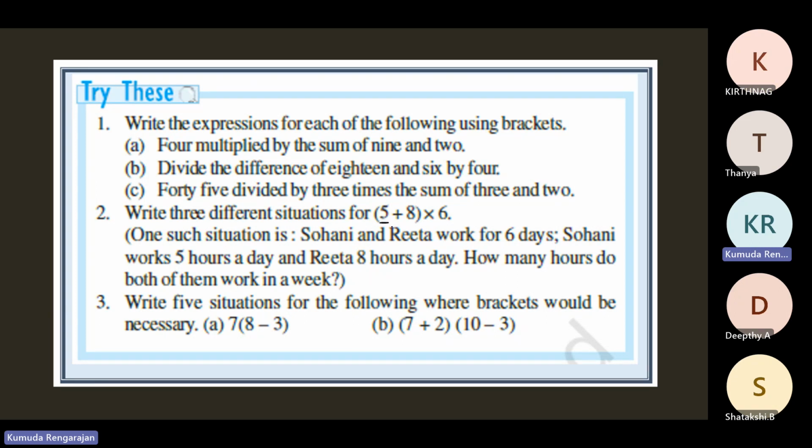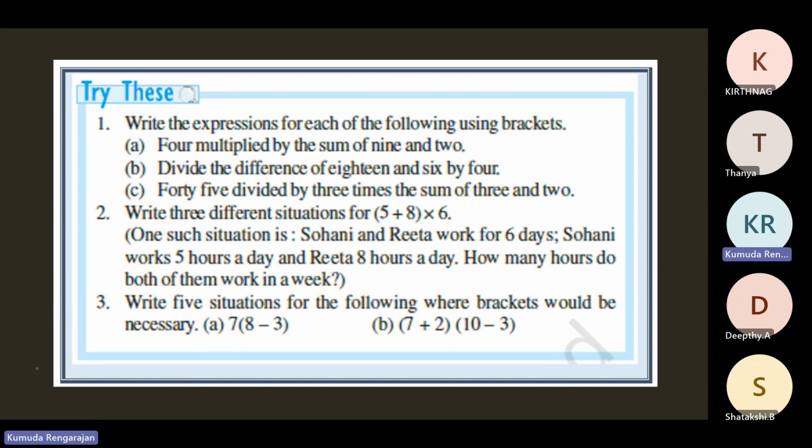You can say, my mother gives me a pocket money of 5 rupees a day. Pocket money is not encouraged, just for an example, okay? My mother gives me pocket money of 5 rupees a day, and my father gives me 8 rupees a day. What is the total money I receive from my parents for 6 days?